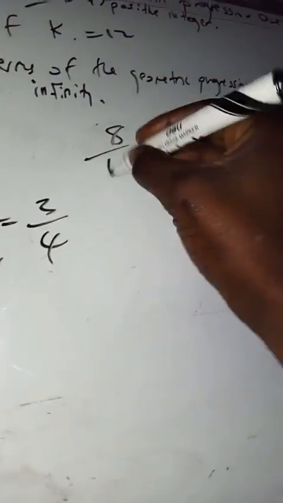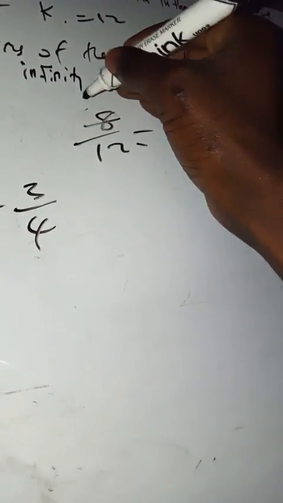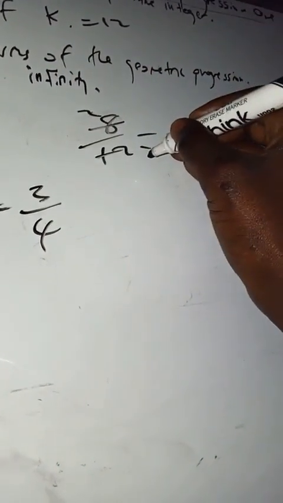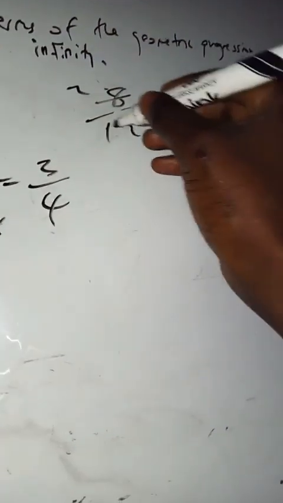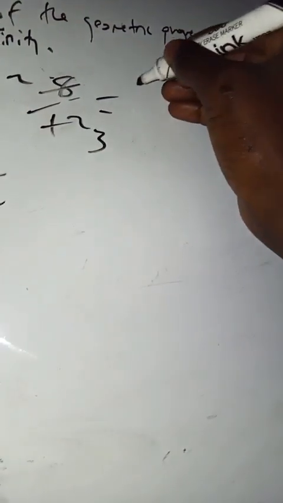If I want, I can simply say I'm looking at this term, which is 8, divided by 12. 4 here is 2, 4 here is 3, so I have 2 over 3.